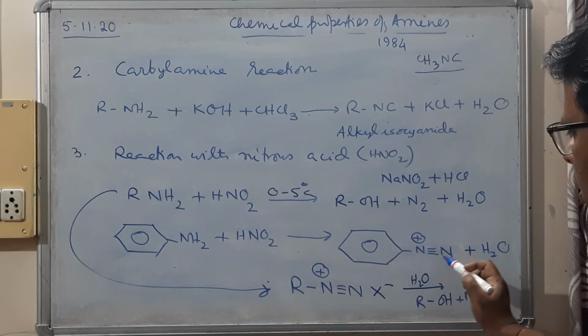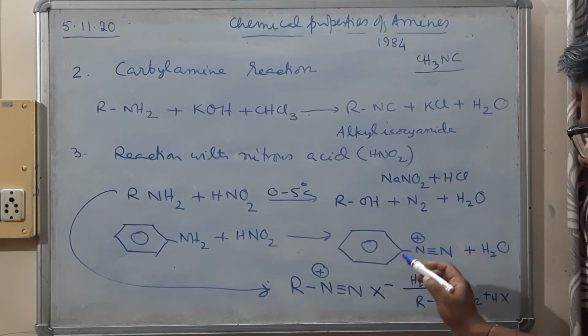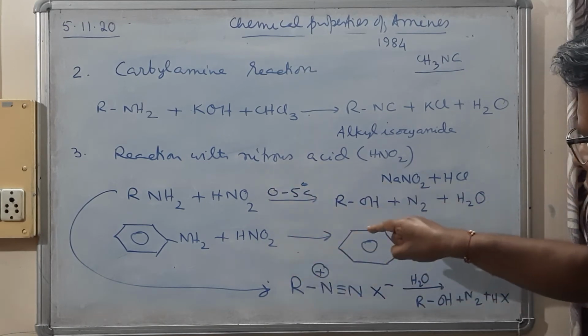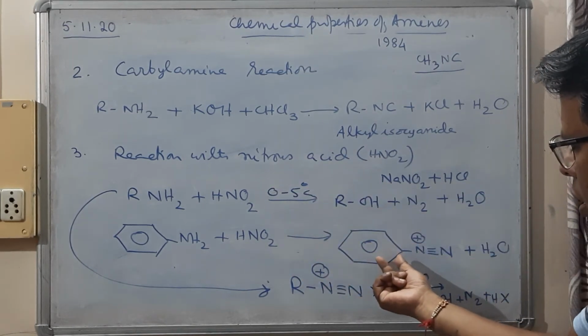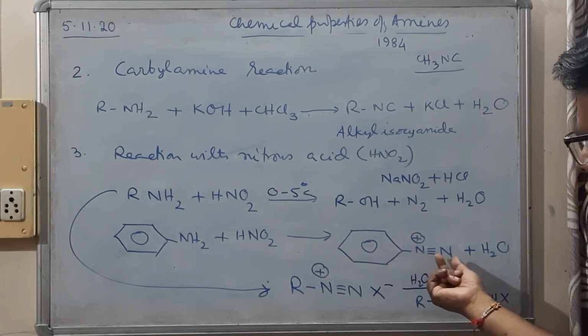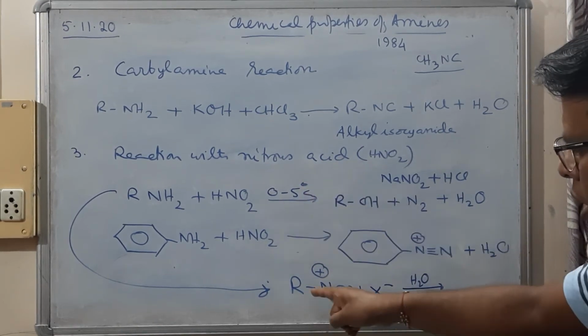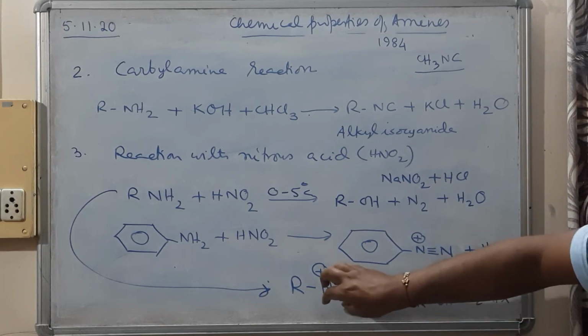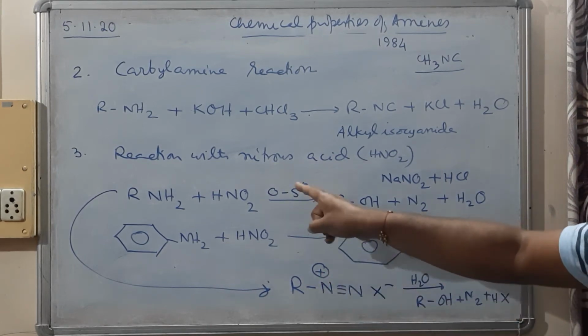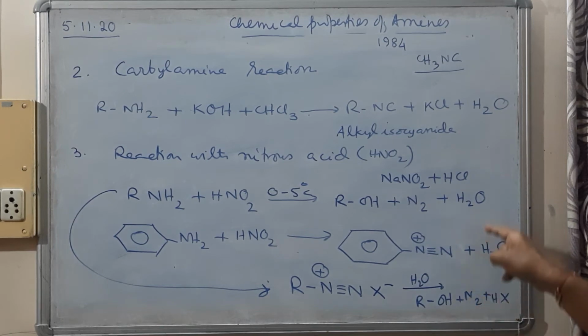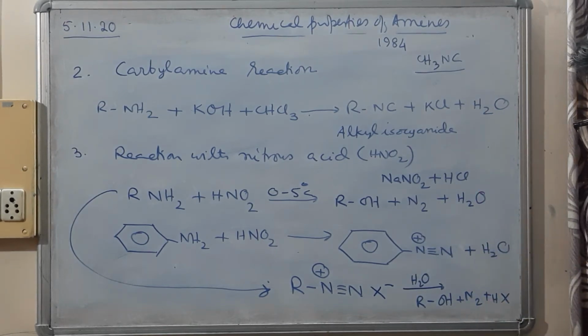So basically these two reactions are the same. Here aromatic diazonium salt is formed, here also aliphatic diazonium salt is formed, but this being unstable, it breaks down to form alcohol, nitrogen, and HX.